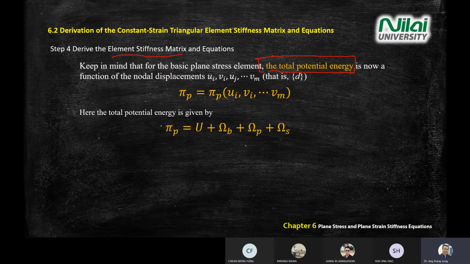What is important on this slide is the second equation here. The potential energy of our system consists of 4 components. The first one is strain energy, given by capital U. The second one is the potential energy of the body, or what we call body force, which is why you see a sub B there.